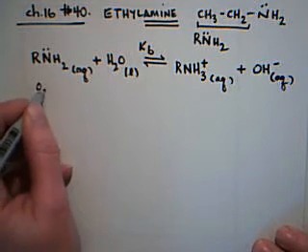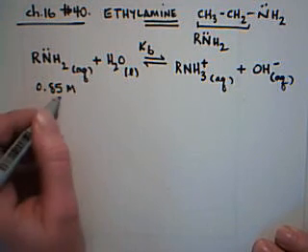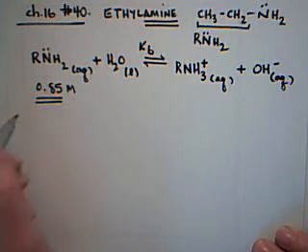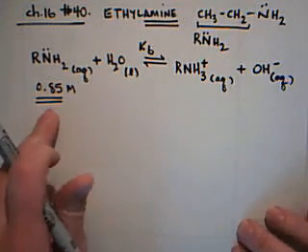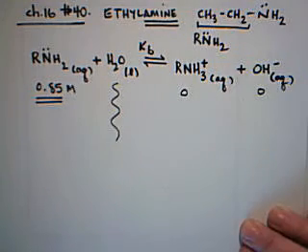We do know that it is 0.85 molar, so that's where that number 0.85 goes. That's initial. If that's what's on the label of this flask, a 0.85 molar aqueous solution of ethylamine, then it goes here. We don't care about water, and again, there's nothing ionized to begin with.